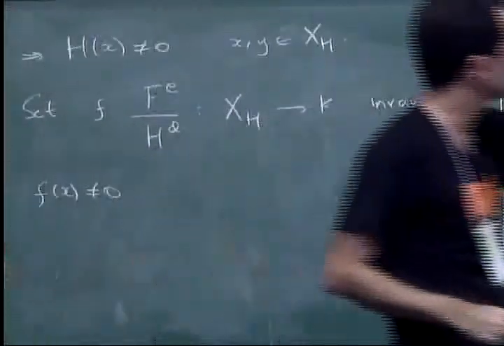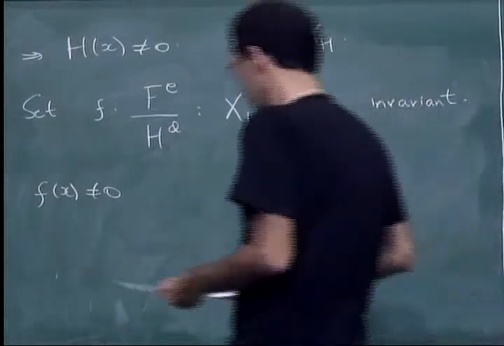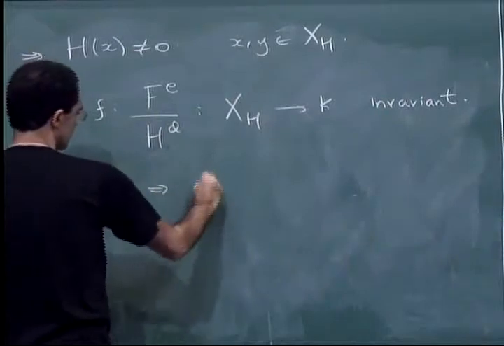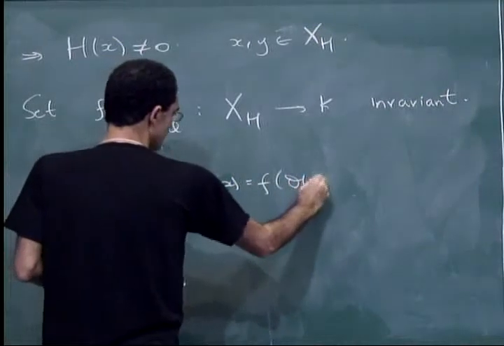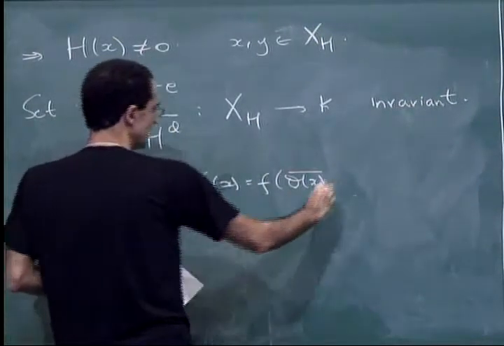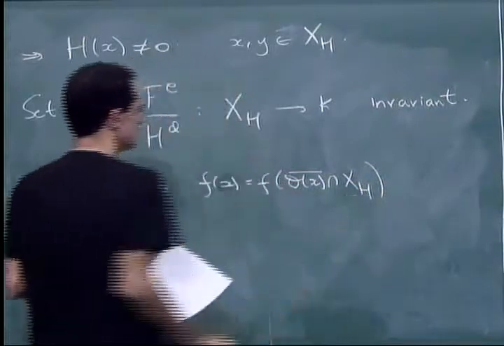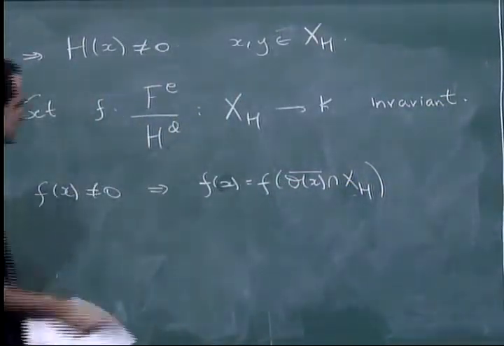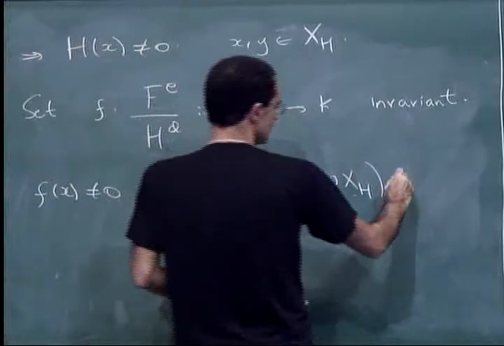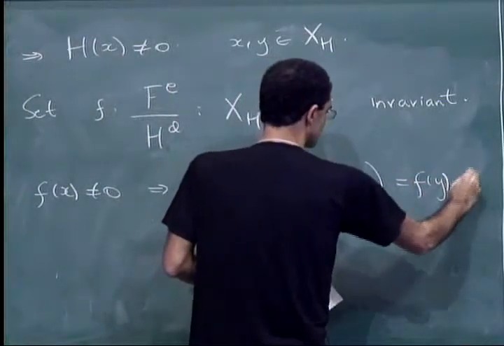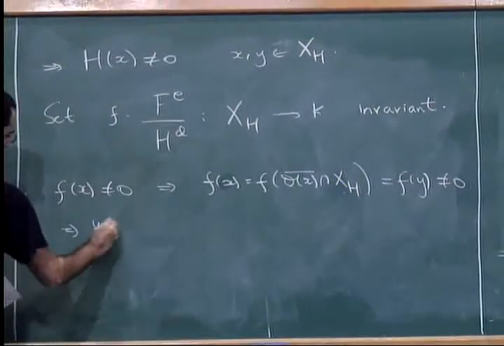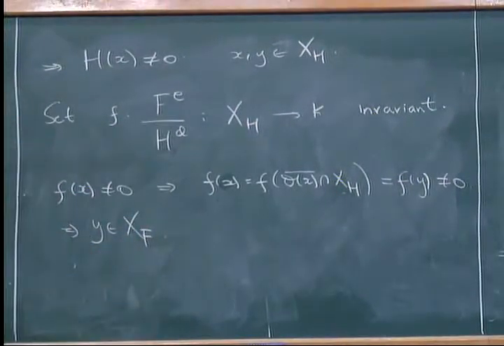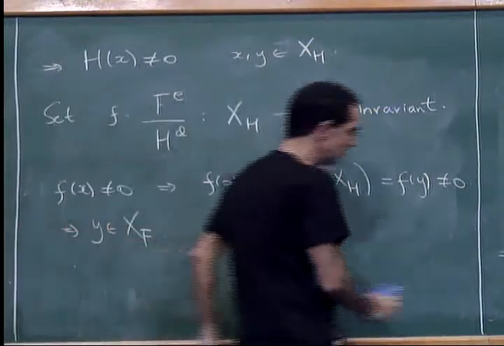Because capital F of X is non-zero. And then f of X has the same value on the orbit because it's invariant, and also in the closure of the orbit inside X_H, right? Because it's where it's defined. But that's exactly where Y lies. So we have that f of Y is different from 0, just as this one, and then that means that F of Y is different from 0. Okay? So that's the first part.